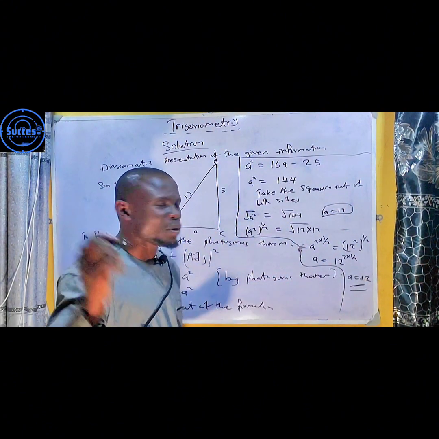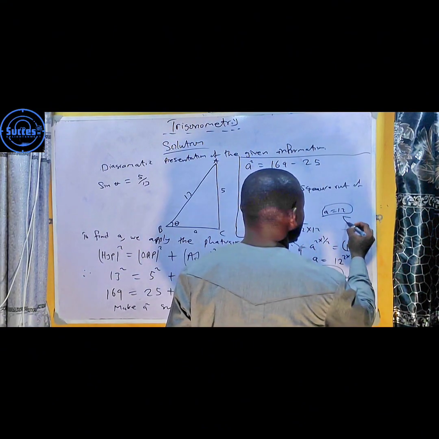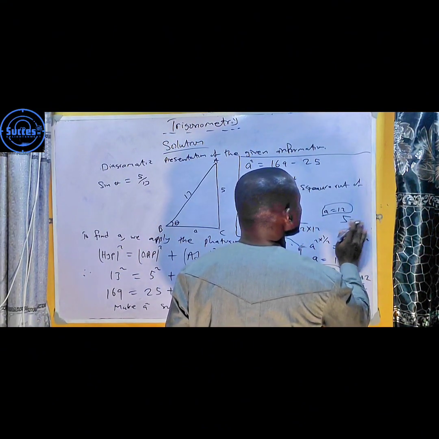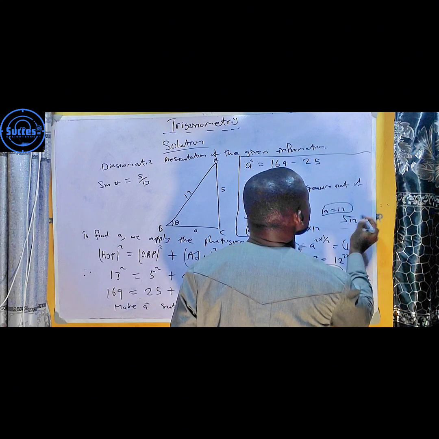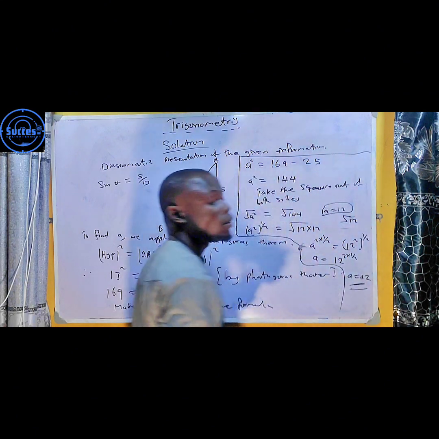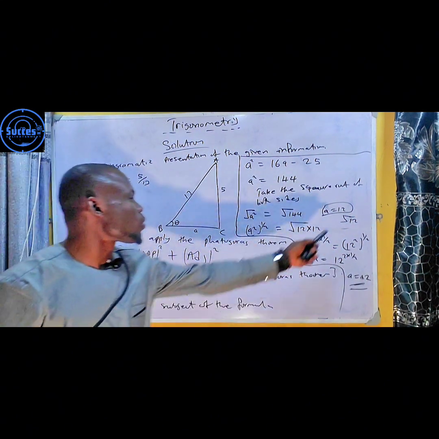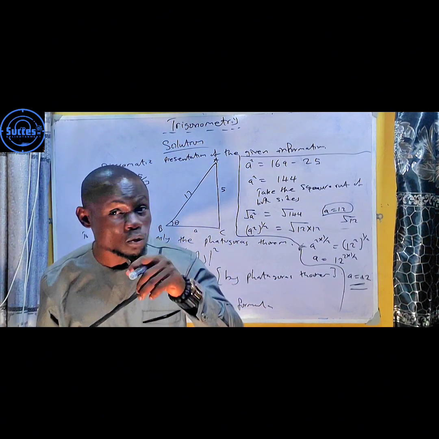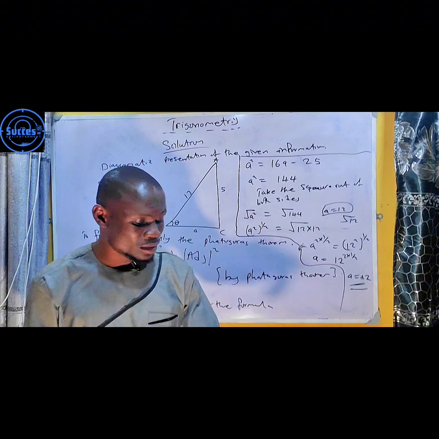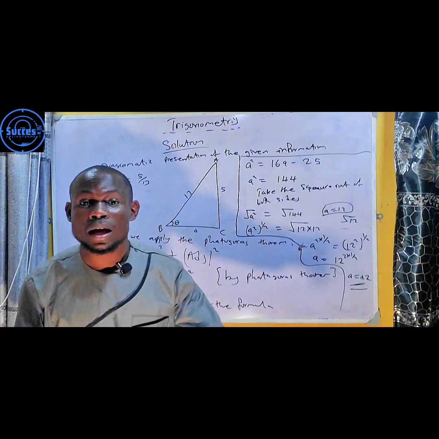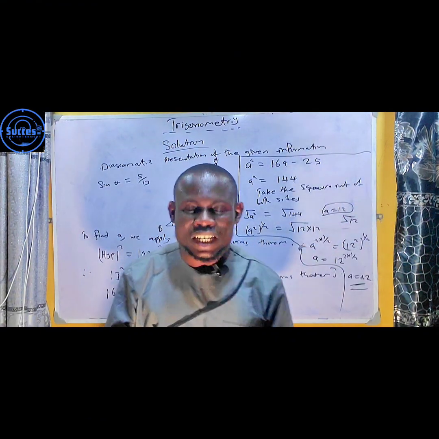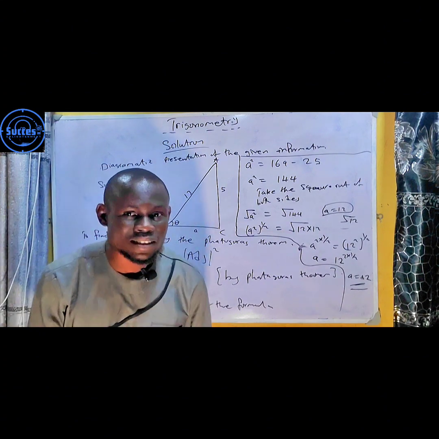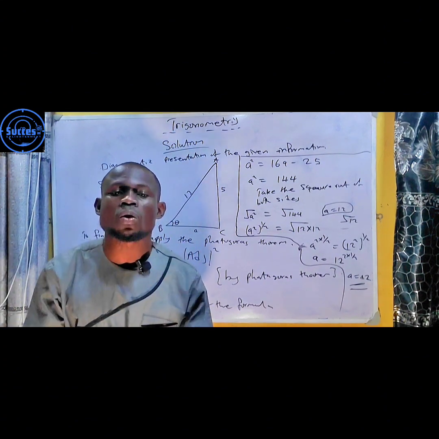But in a situation whereby you have something like what? Square root of what? Don't let me use 7, let me use 12. Let's say this is what you are given. Now you press your calculator, it will give you something in decimal places. But majorly when you are solving trigonometry, we are not really interested in decimal places. Majorly we want our answer either in whole number or in what? In surd form.